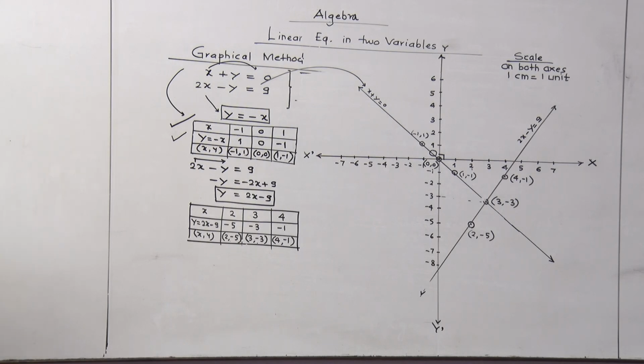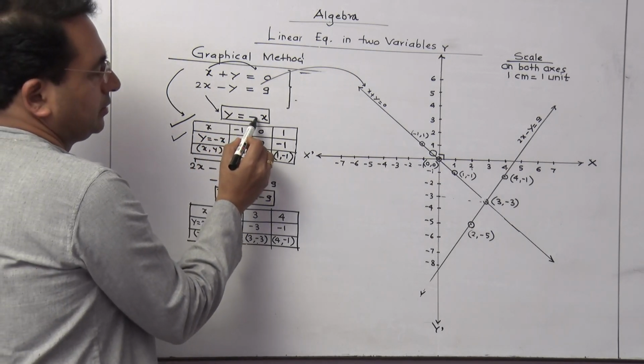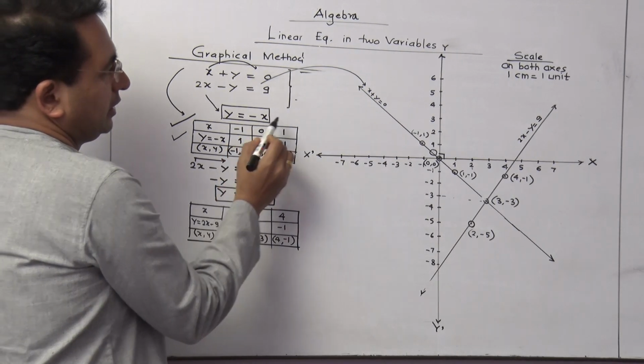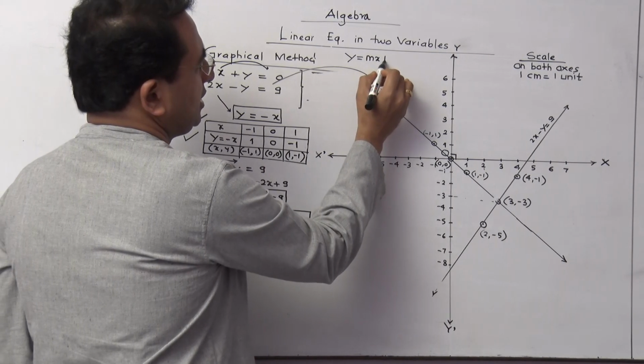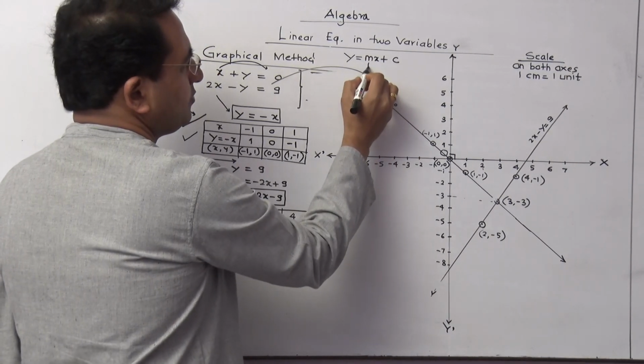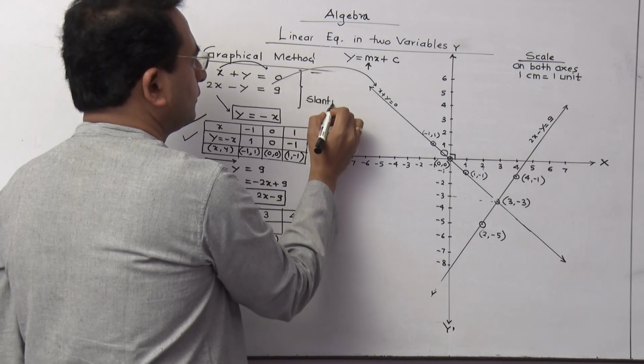Now we will go ahead with the next part. How to check this? y is equal to minus x. I have given you the equation y is equal to mx plus c. That m stands for the slantness of the line.